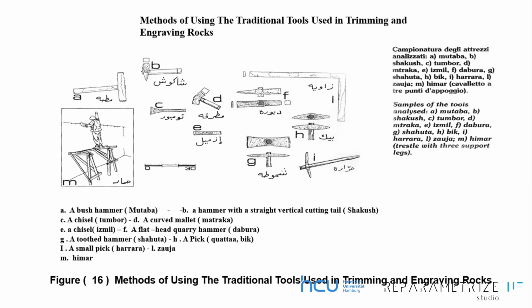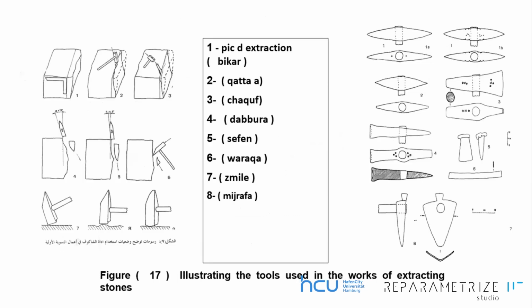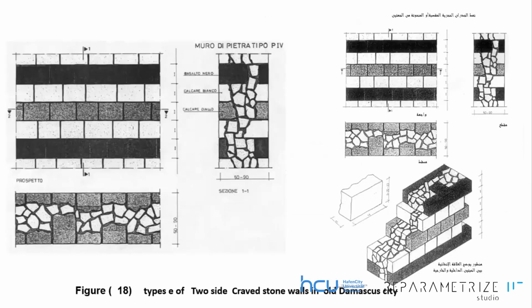And in the Roman period, we have a lot of buildings, especially temples and big buildings, with this kind of stone walls. And for that, we have a lot of tools which can be used in preparing this kind of construction by stone.